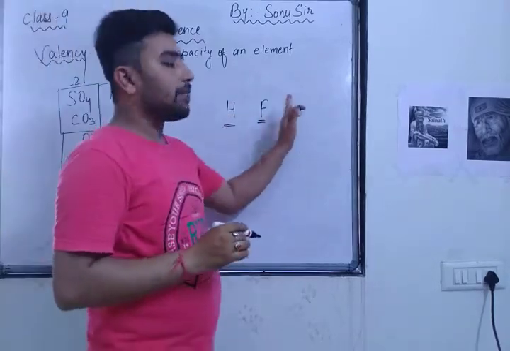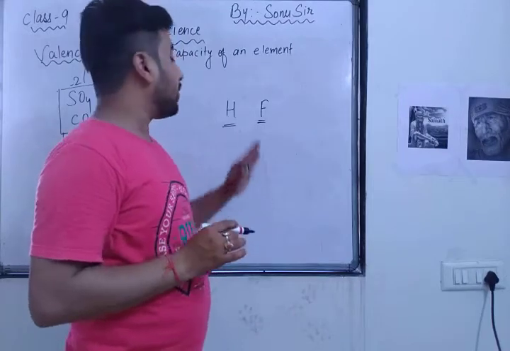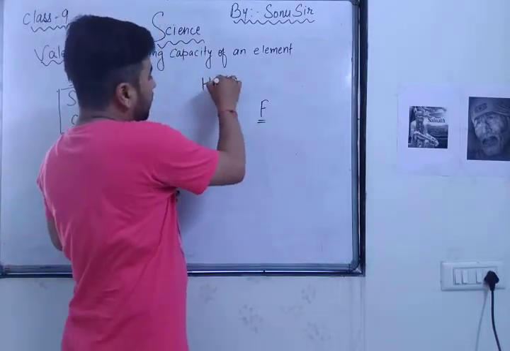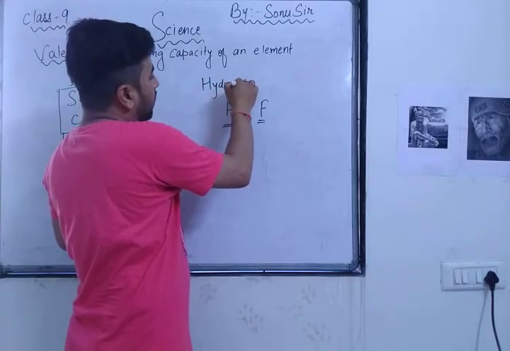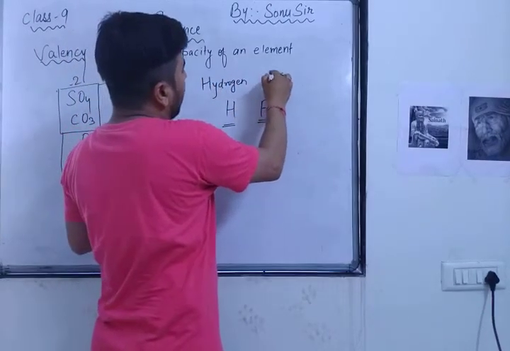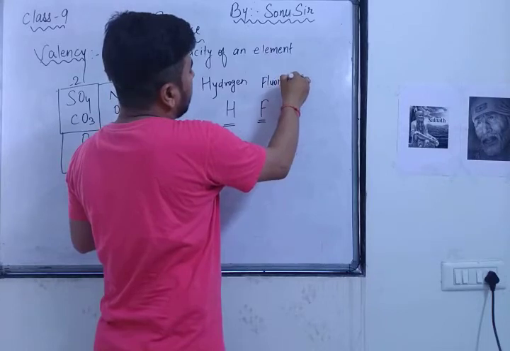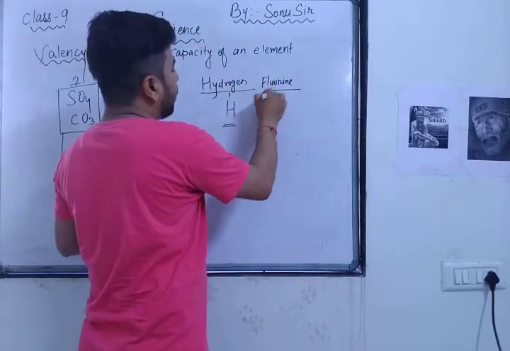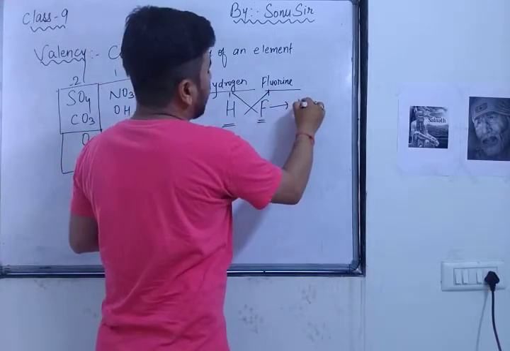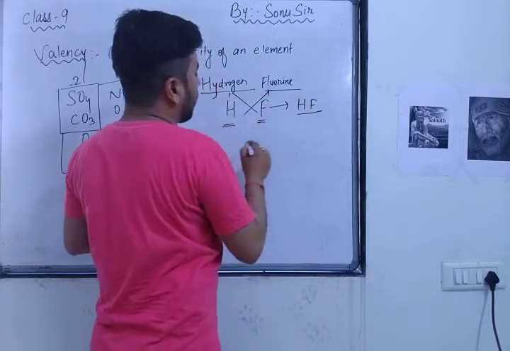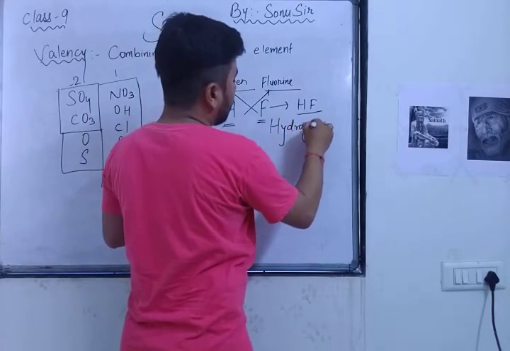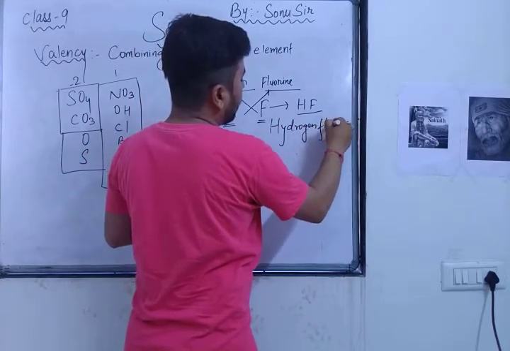Both have valency 1, 1. The compound will be HF and the name of this compound is hydrogen fluoride.